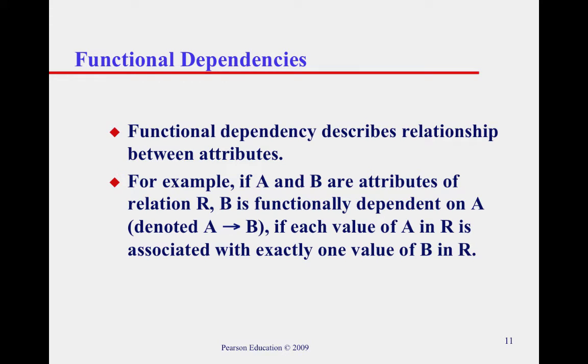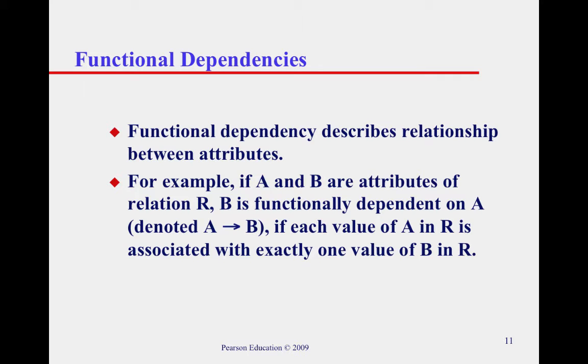And normalization, the way you maintain dependencies and the way you also maintain the lossless join, is all based on something called functional dependencies. Okay, and a functional dependency describes relationships among attributes. ER diagrams define relationships among entities. Functional dependencies define relationships between attributes.